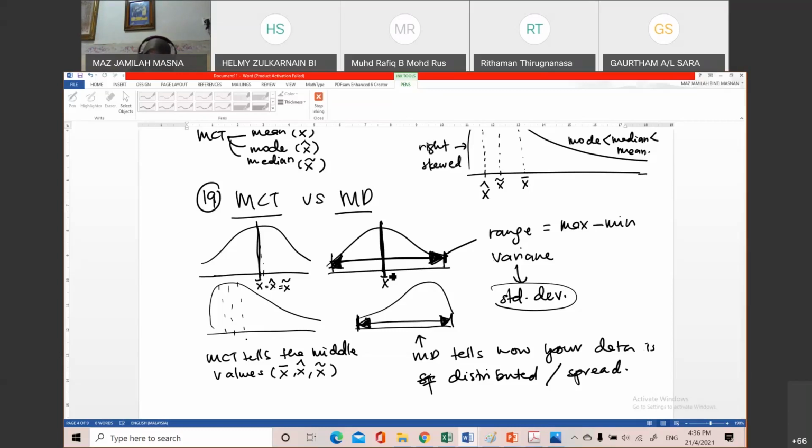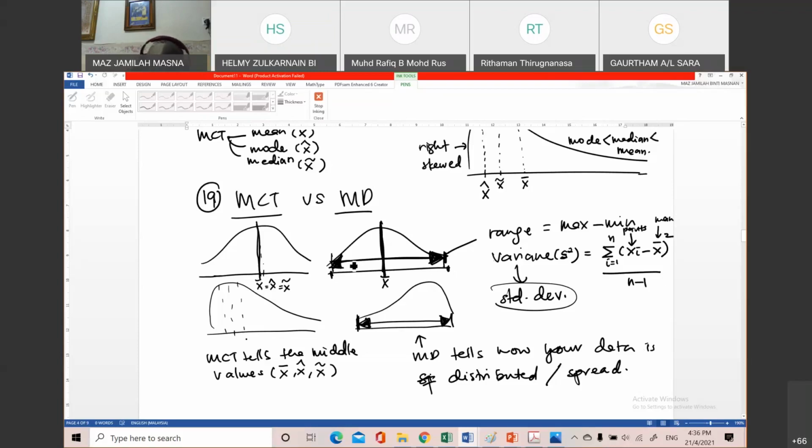So how do we get the dispersion? Variance is S squared. It is obtained by summing all the xi minus x bar, where i goes from 1 until n, from the smallest until the largest value, divided by n minus 1. This is all your data points, and this is your sample mean.